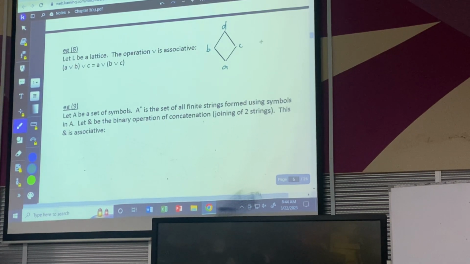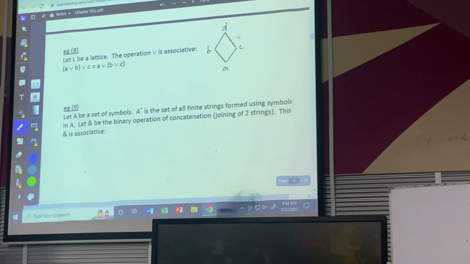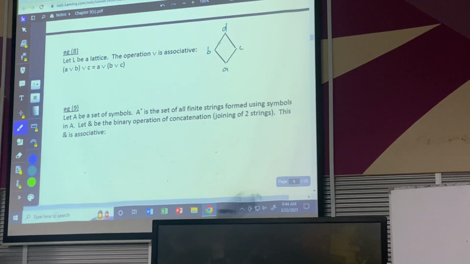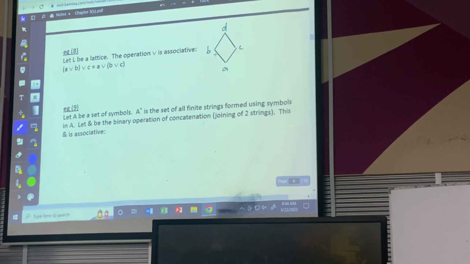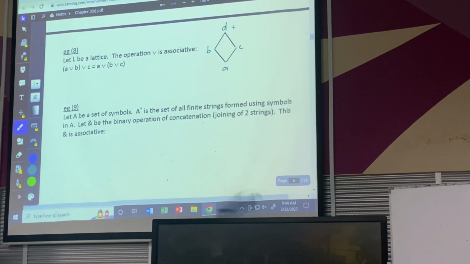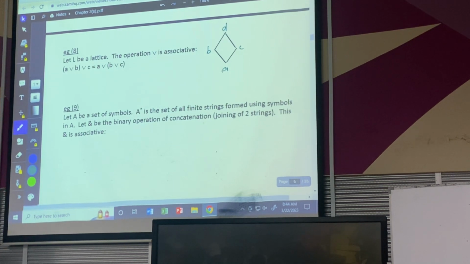B or D? D, right? Least upper bound for B and C is D. Least upper bound for B and D? D. C and D? D. So, for any two elements here, we can find their least upper bound also, right? So that means this is a lattice.